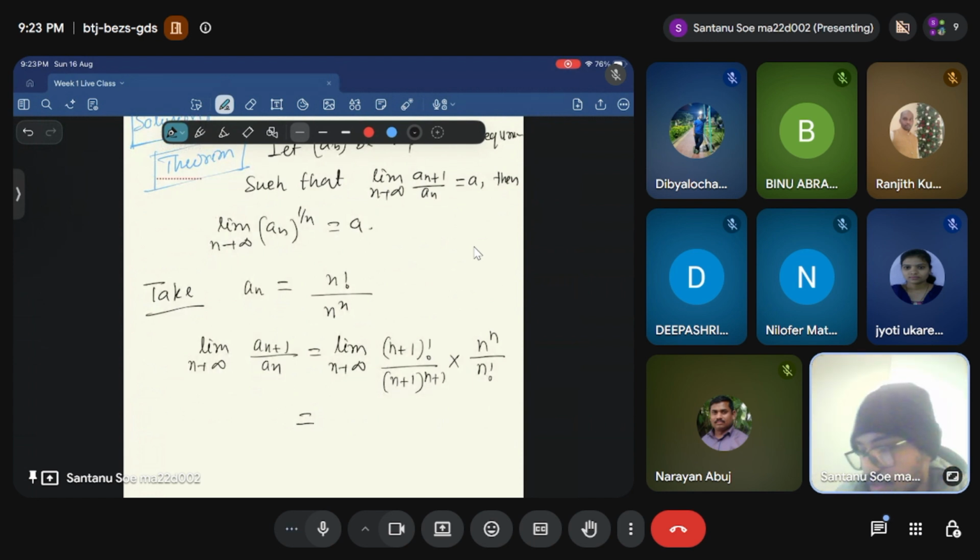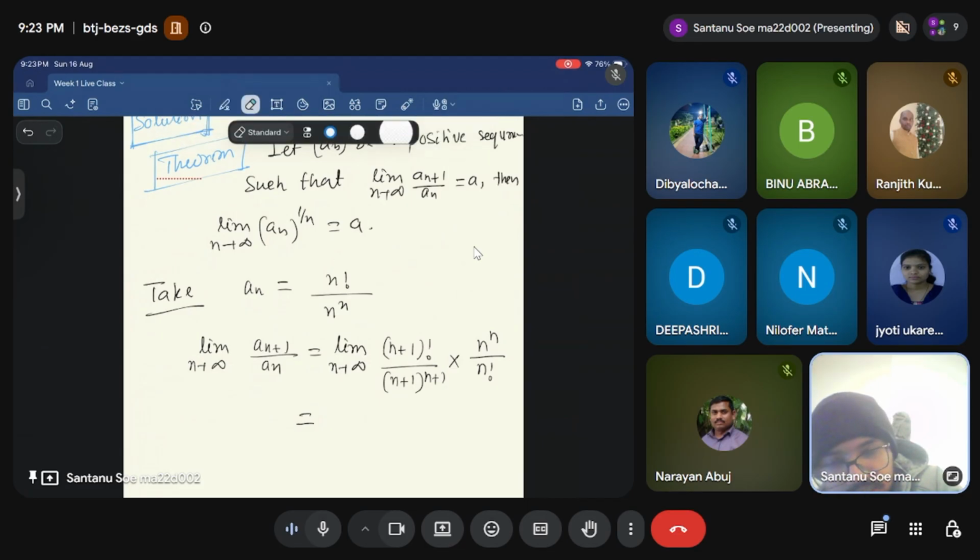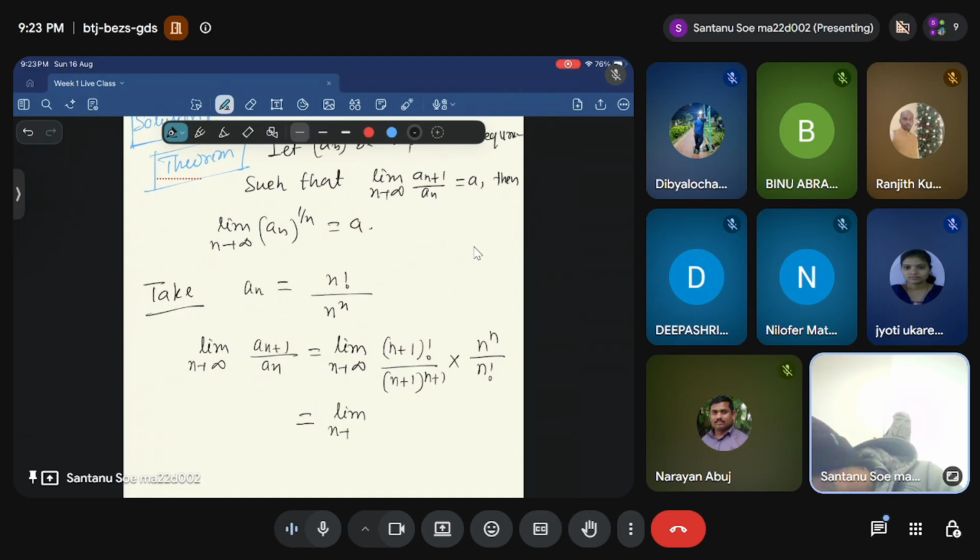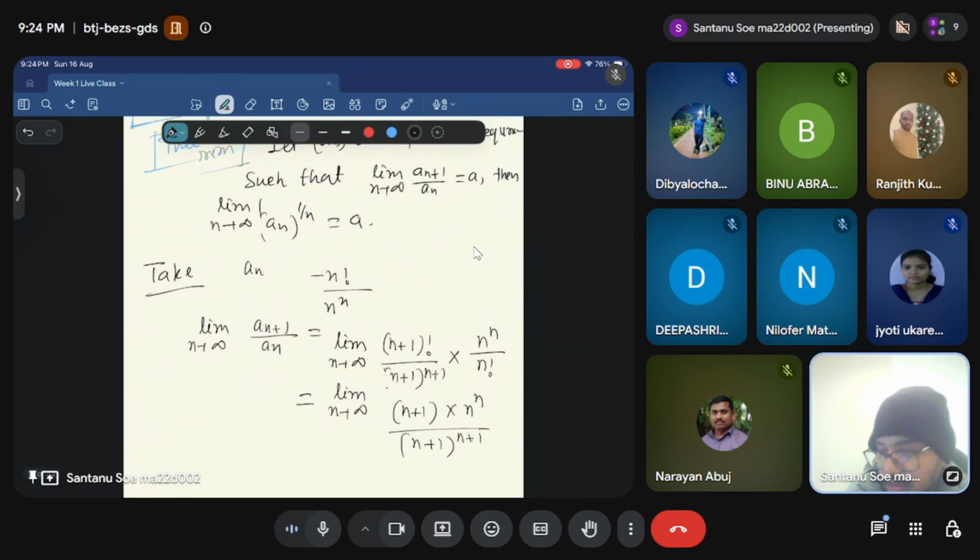Correct. So n factorial will get cancelled out because n factorial is always there inside (n plus 1) factorial. So this will be (n plus 1) into n to the power n divided by (n plus 1) to the power n plus 1.